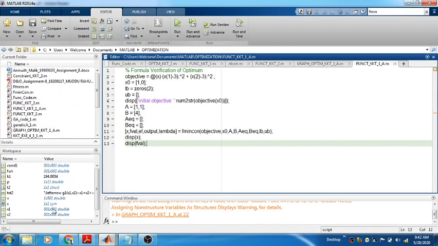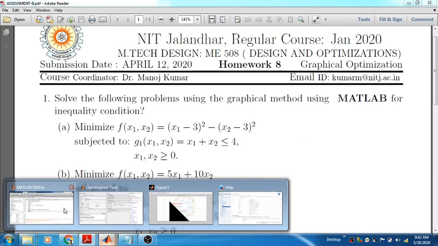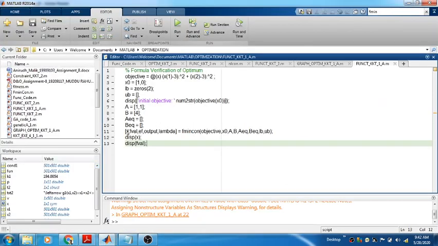This way we can understand the things: A will be the x1 coefficient and x2 coefficient, and b will be the right side vector, right? And we don't have an equality constraint in this problem, so I did not write it here.